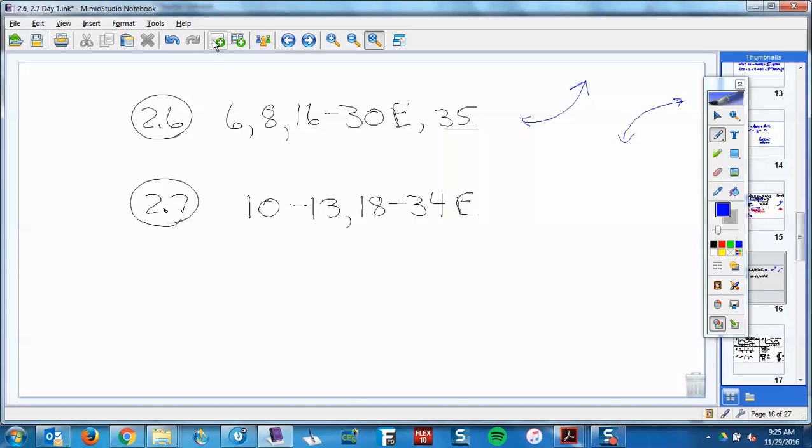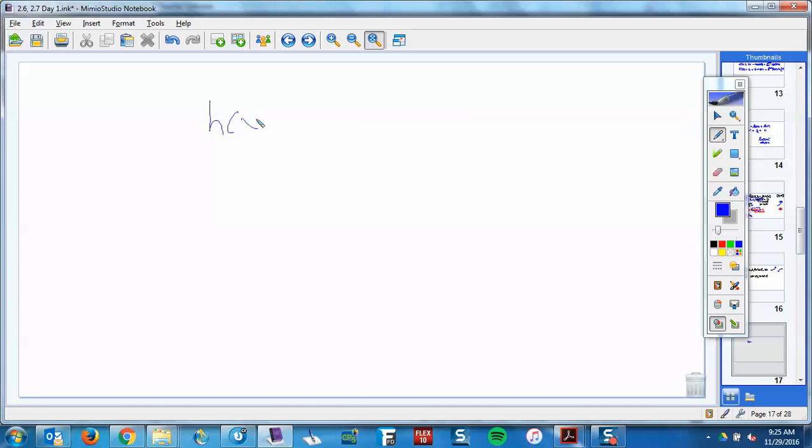Okay, so Emily, on your question, it says h of x is equal to log base 10 of x, right? And then it says use theorem 12. I could care less if you ever call that theorem 12. I will never call it theorem 12, okay? Theorem 12 is just the rule for the derivative of log, right? So now here's something you're going to hear me say a lot this year.